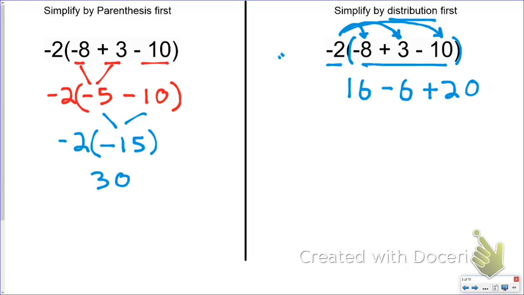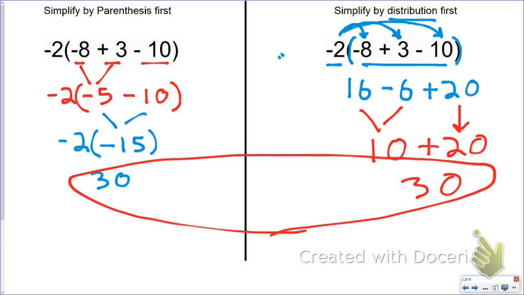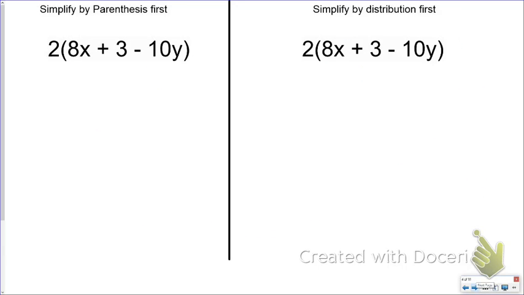And as I combine these, 16 minus 6 is 10. 10 plus 20 equals 30. So you notice how I get the same answer, but I'm taking different routes to get there. On the method on the right I used distribution, on the method on the left I used just simplifying in the parentheses.